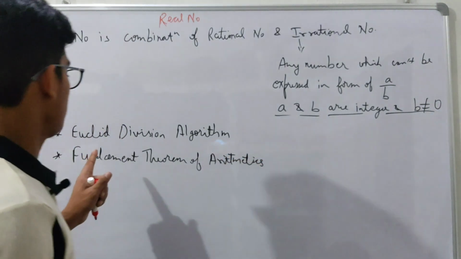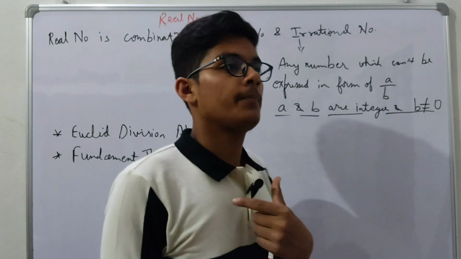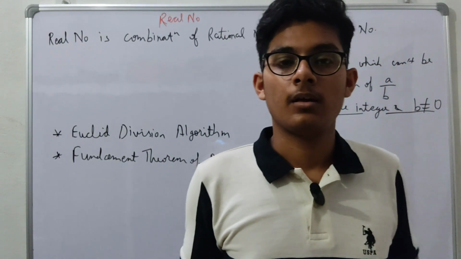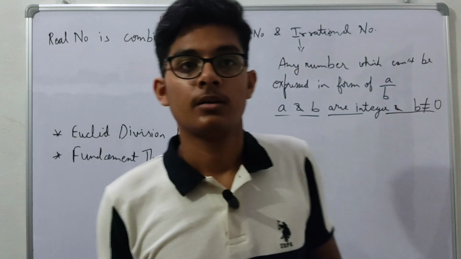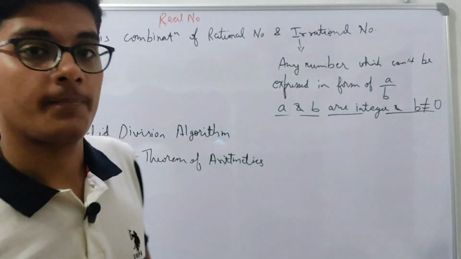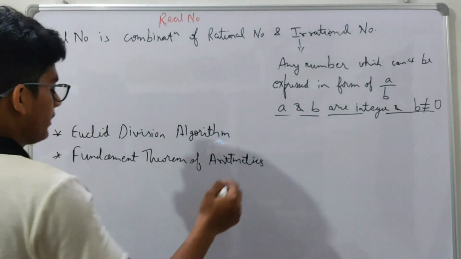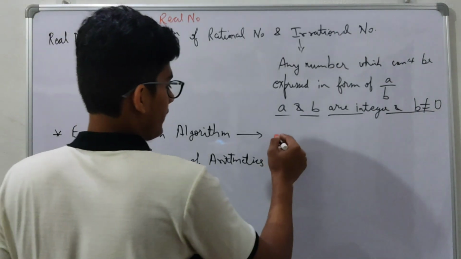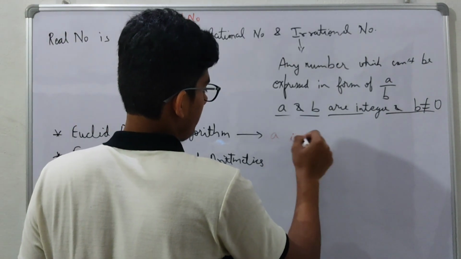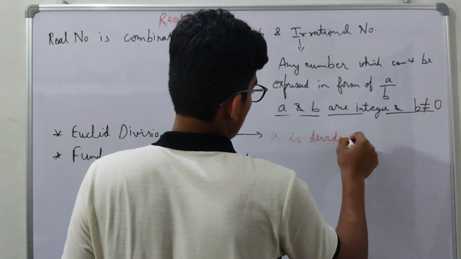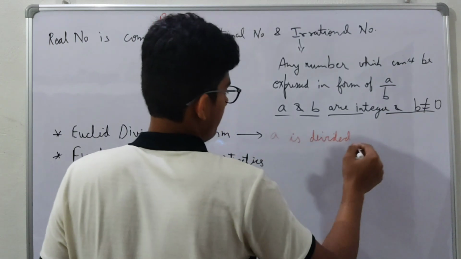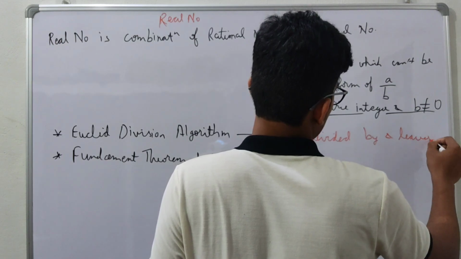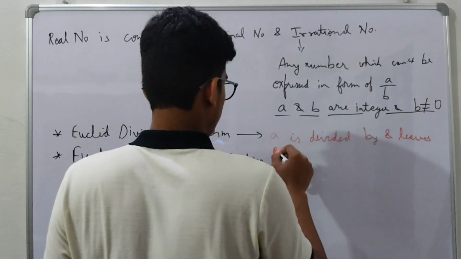Basically, in the Euclid division algorithm we study that suppose there is a number a which is divided by b, then it leaves some remainder r. So this is the basic formula of division: any number a is divided by b and leaves remainder r.